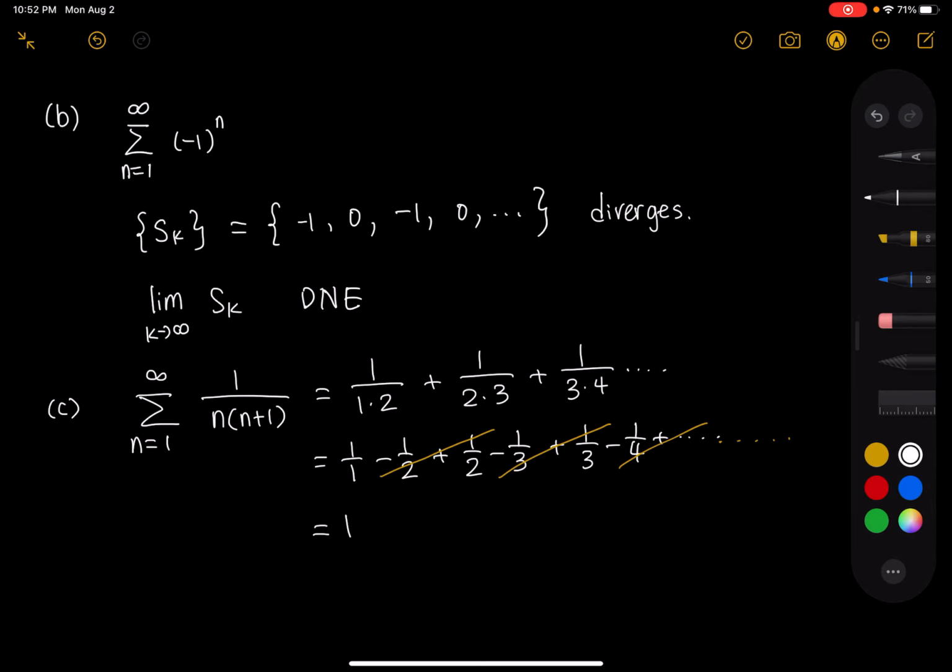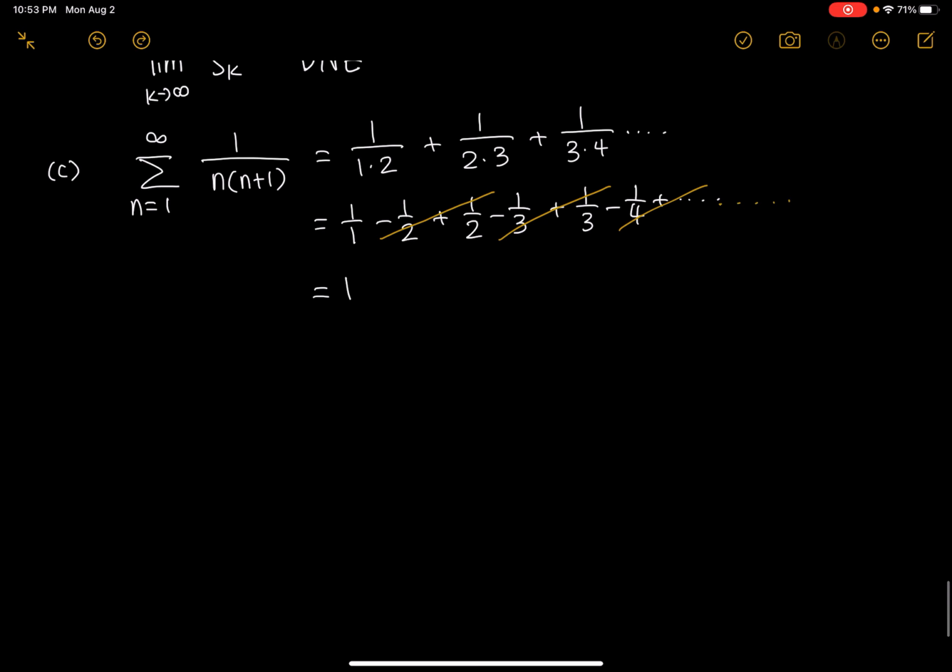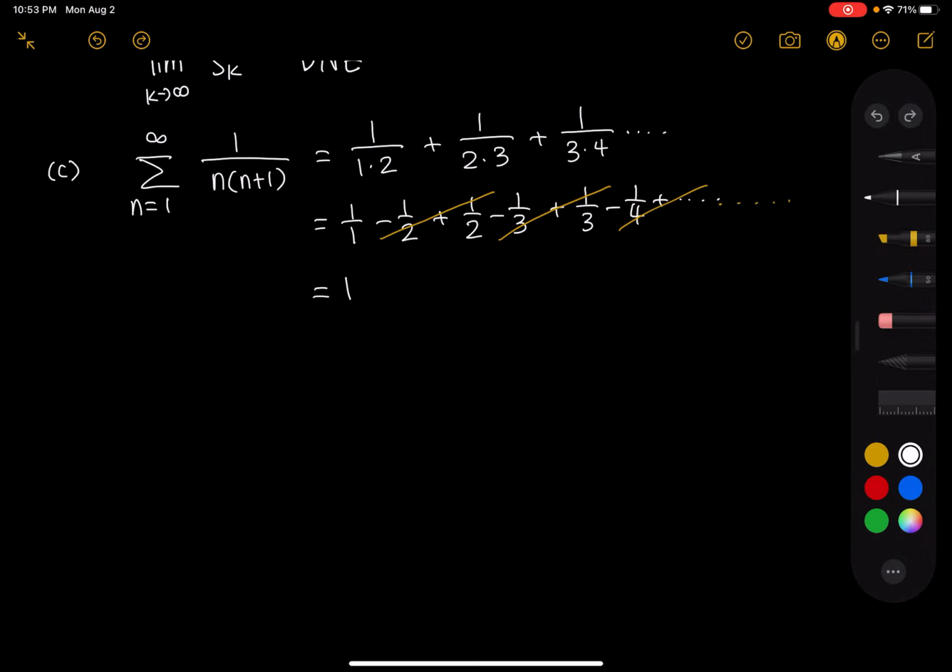Because not every series you can cancel terms. So what you need to do is just follow the textbook. So what we would have to do is you still write out, okay, what's S1? It's 1/2. What is S2? It's 1/2 plus 1/6, which is 2/3.